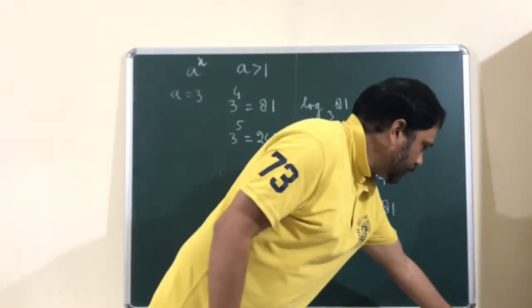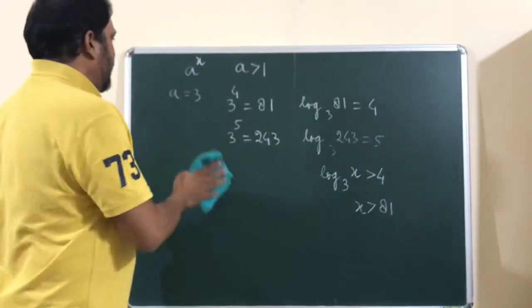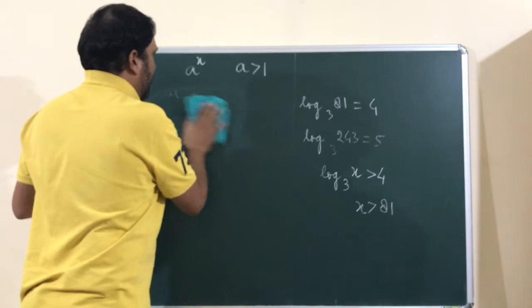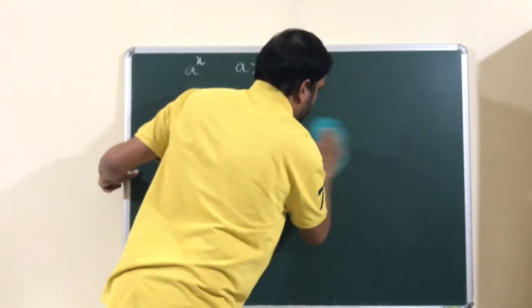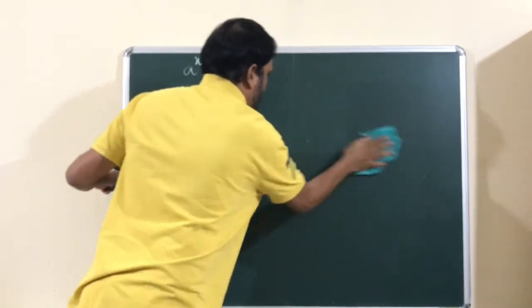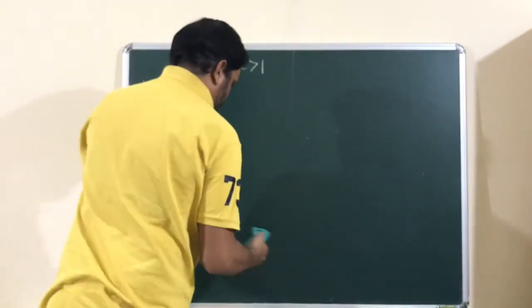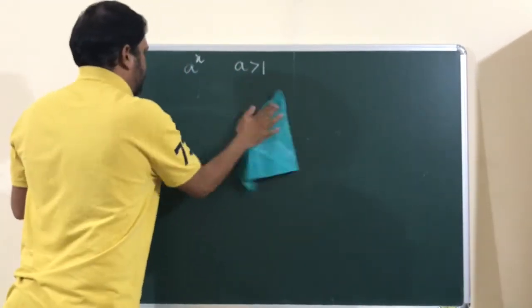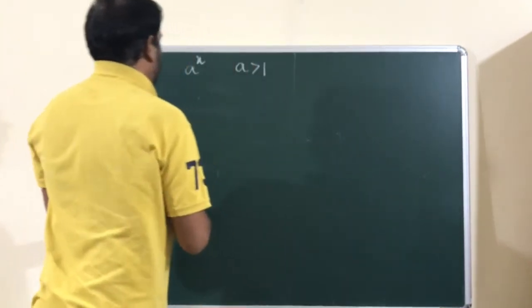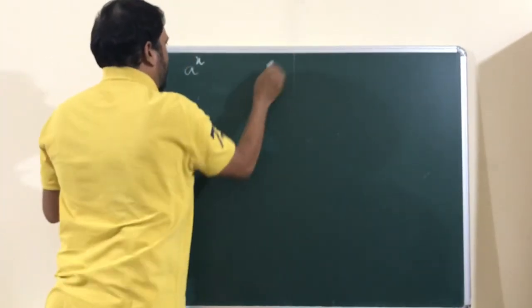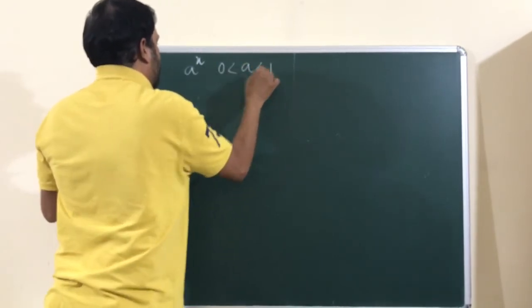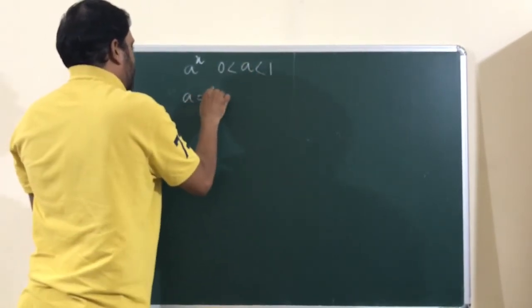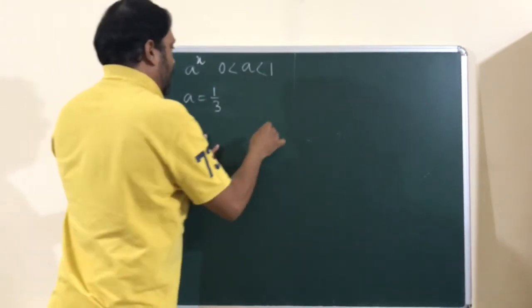Now, if I take a greater than 0 but less than 1, let's say a is equal to 1 by 3. What will happen here?